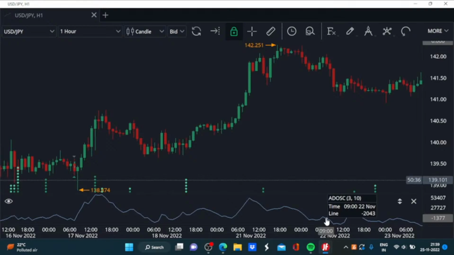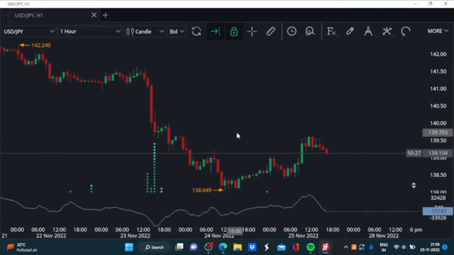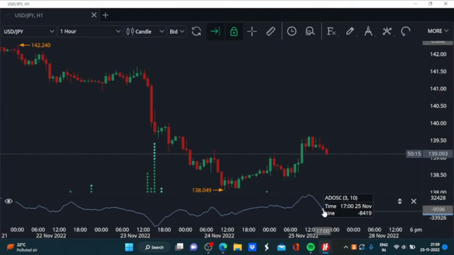Now if we have to go for the figuring out of the setup, you will have to tweak around its settings. You will have to know how you can take advantage of this indicator to see for yourself how to customize this, how to figure out the opportunities the market is going to provide you.